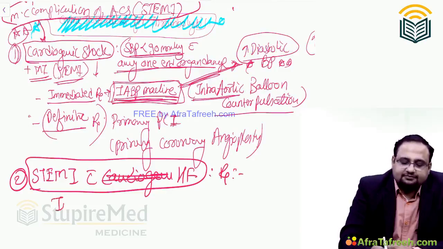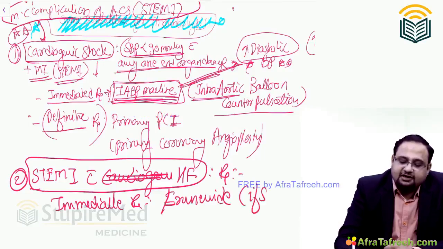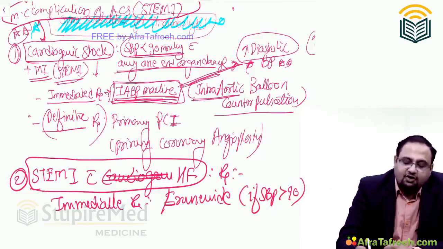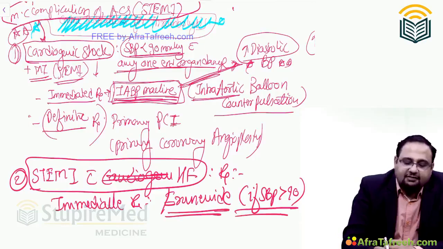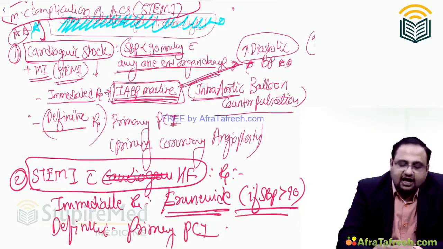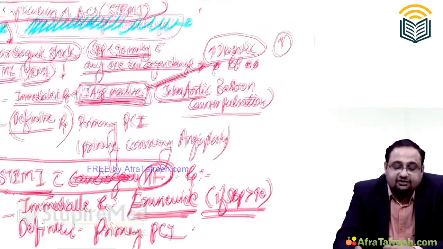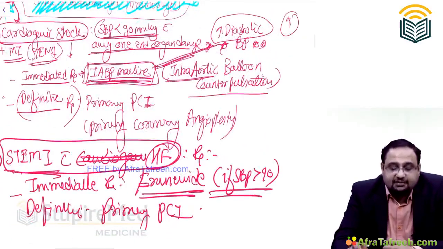The immediate treatment is furosemide, which can be given if the systolic blood pressure is more than 90. And the definitive treatment is of course primary PCI. So ST segment elevation with heart failure is a contraindication for thrombolysis. Better to avoid thrombolysis because it can cause alveolar hemorrhage, pulmonary hemorrhage and pulmonary edema.